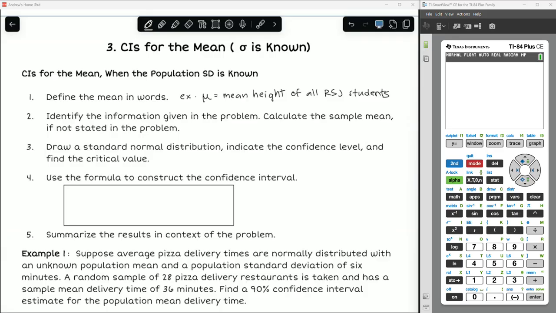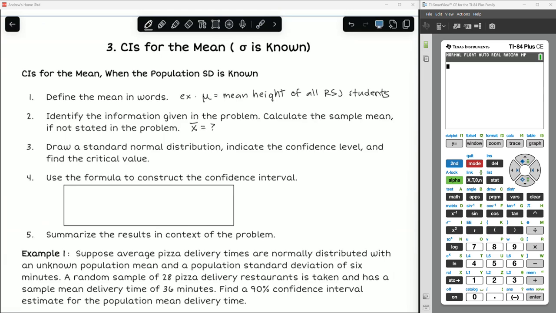The next thing you'll do is identify the information given in the problem. And we know that we should keep an eye out for a couple of things. From our last video, we know that we need the sample statistic that matches the population parameter we're estimating. So I know I'm going to need an X bar. I need to know that sample mean.